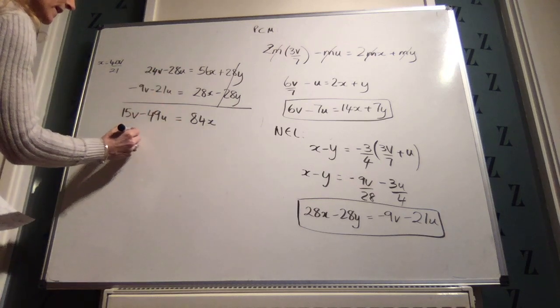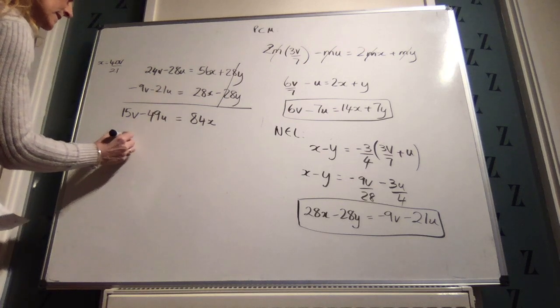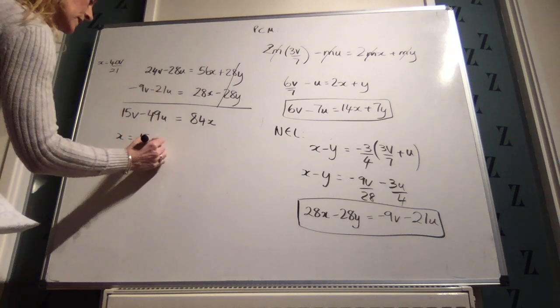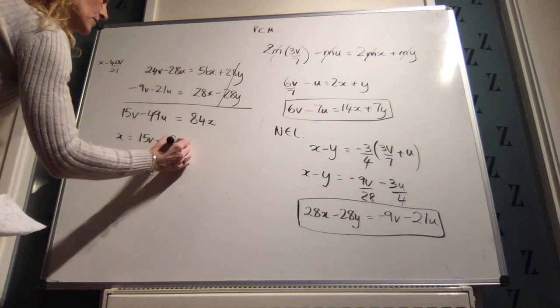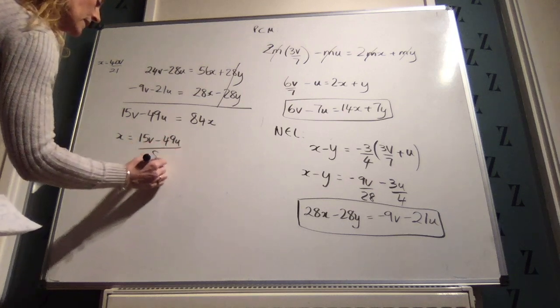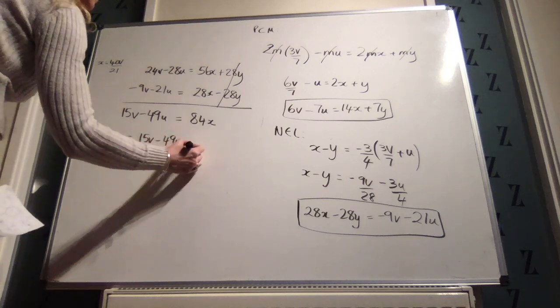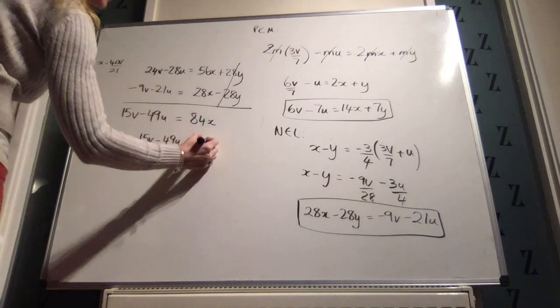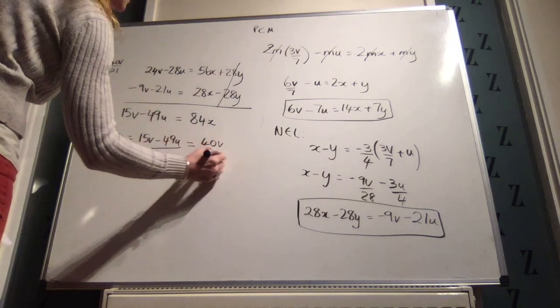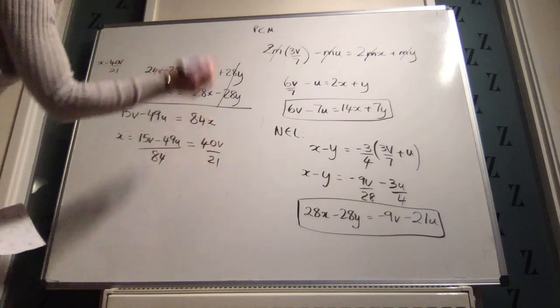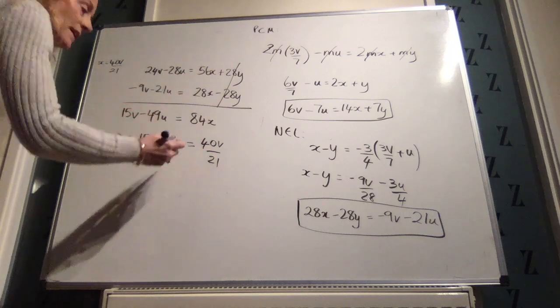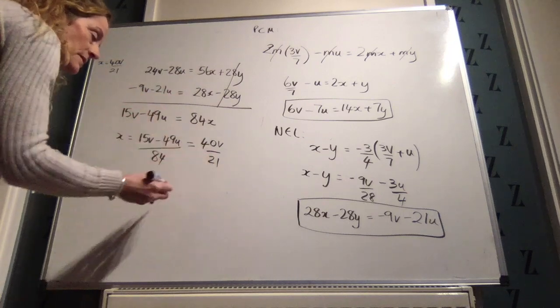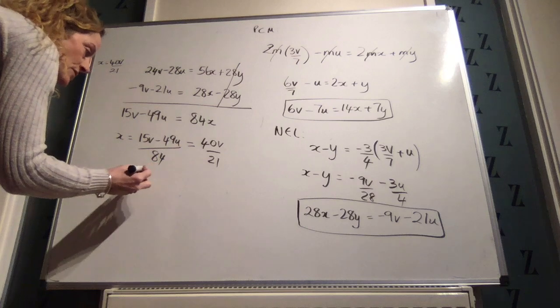So we have x is equal to 15v minus 49u divided by 84, which is equal to, from the first bit, 40v over 21. Now we could have just subbed that in at the start and used that instead of x as well. I just wanted to not use as many fractions.